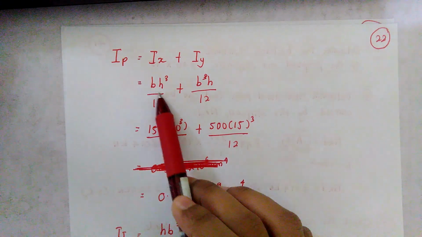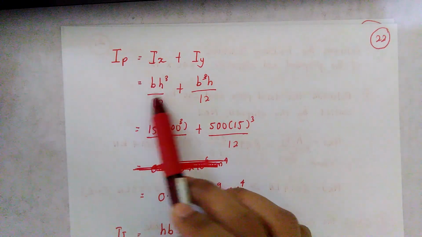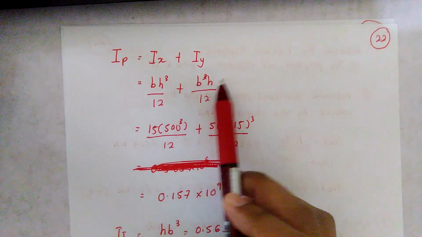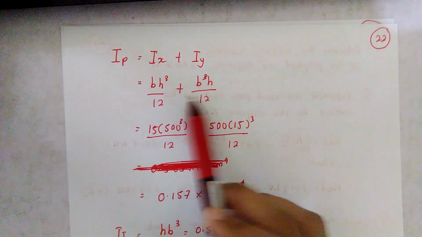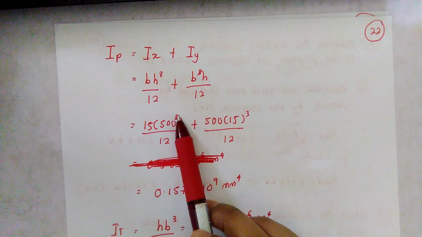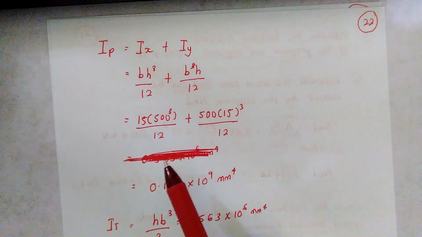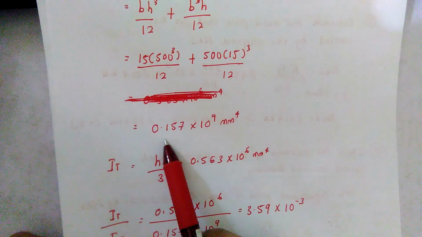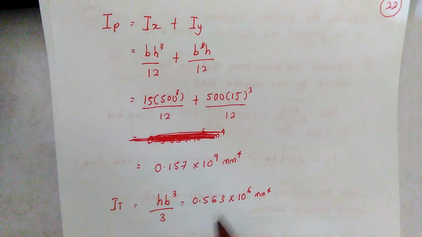You know that the second moment of area for a rectangle is BH cubed over 12, and for y, you have B cubed H over 12. Substitute into the equations because you know the size of your stiffener, then you get 0.157 for your IP.